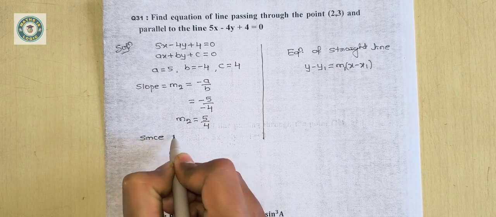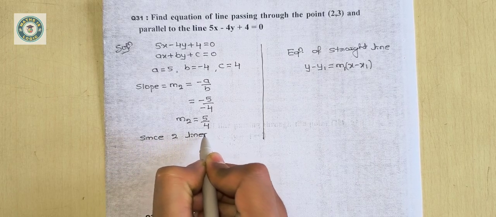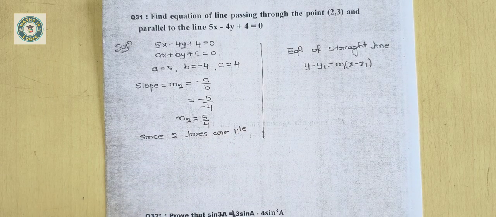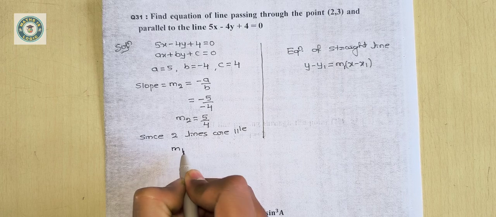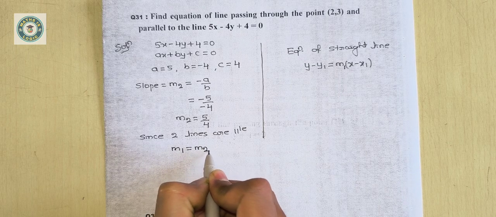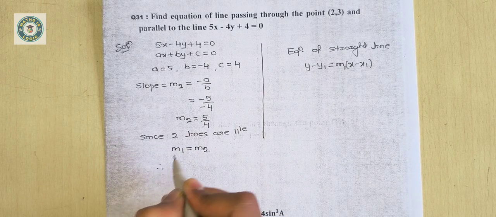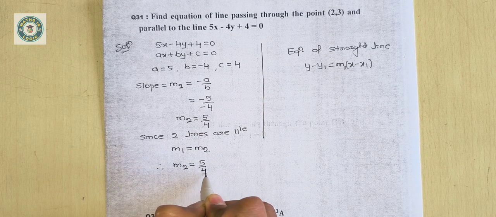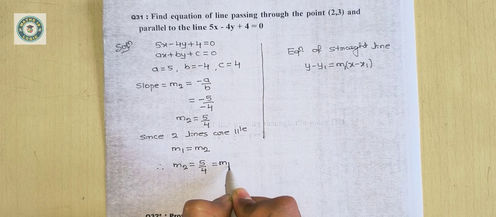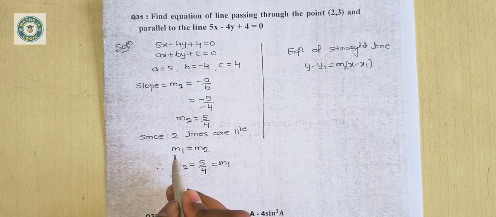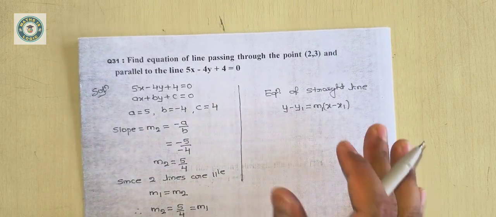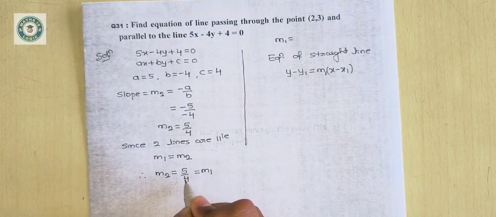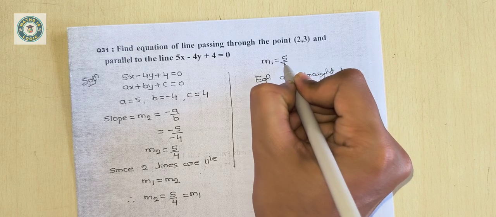Since two lines are parallel, m1 is always equal to m2. We already got m2 as 5 divided by 4, so m1 is 5 divided by 4.